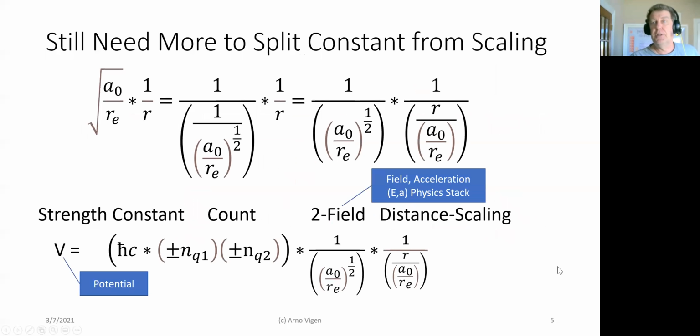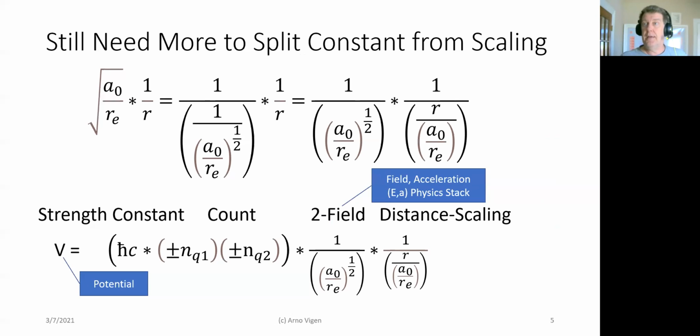Now, unfortunately, this is a little more complicated because we do this scaling factor and we're trying to put it into these two fields, electrostatic and nucleostatic, and also we've gone since the time of Newton with Newton's second law: acceleration equals force divided by mass.